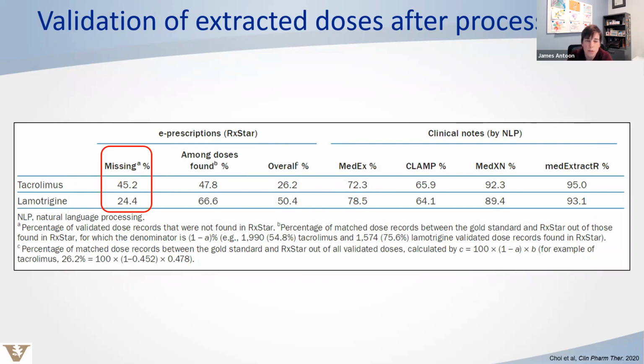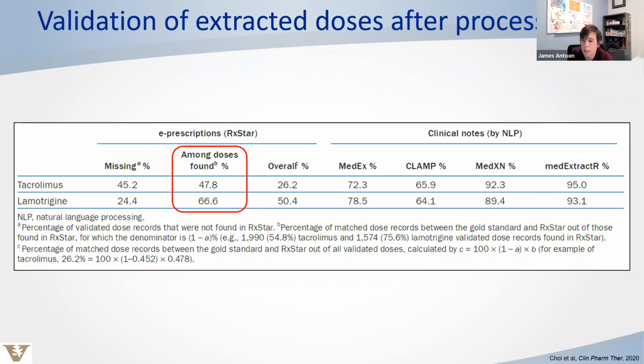When we looked at e-prescription data, a quarter to a half of the doses were missing, or the dosing changes were missing. So that was really unfortunate. And then the accuracy of that prescription data, thank you, was actually not that good either. So even once we had the information, the stuff in those discrete dose fields was not very helpful.